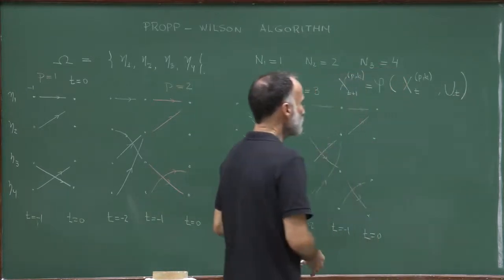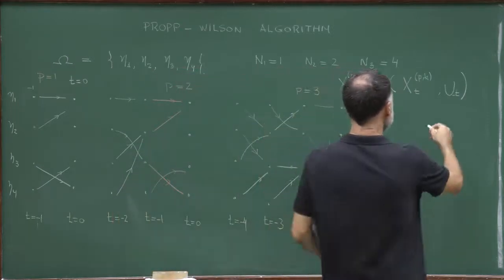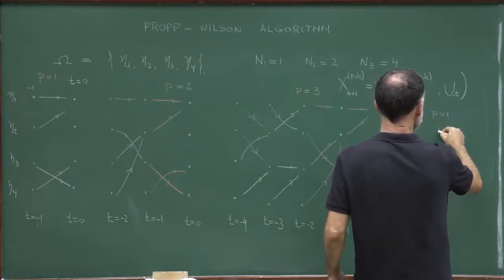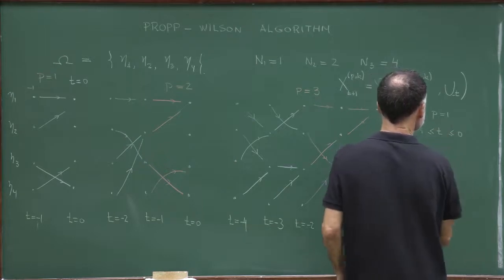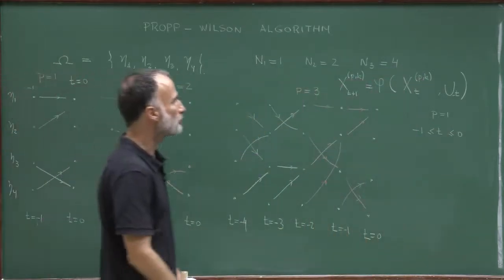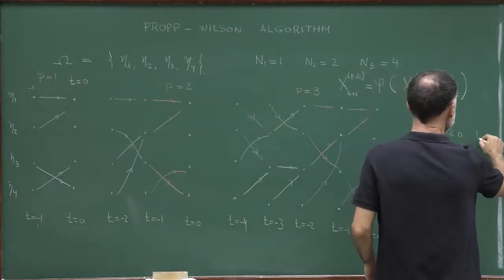I'm first at stage 1. So for p equal to 1, t is running from 0 to minus 1, as it's drawn here. And so I'm actually using here only the random variable u1.